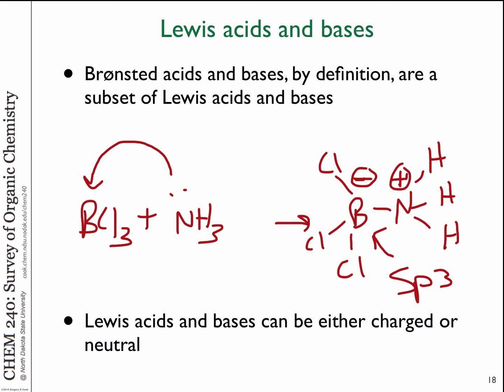Notice, again, I start with a neutral BCl3 and a neutral ammonia. Overall, the molecule that's formed is neutral, but there is separation of charge. This is a way in which a Lewis acid can activate something and make it more positively charged than before. Ammonia is not positively charged to begin with, but when you form the bond and take some electron density away from nitrogen, you have a formal plus charge on the nitrogen.